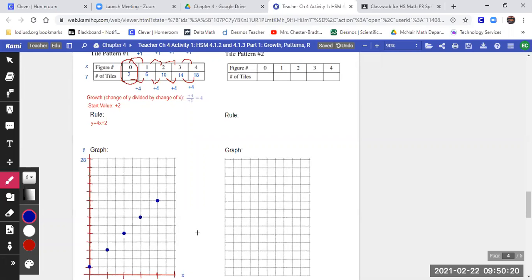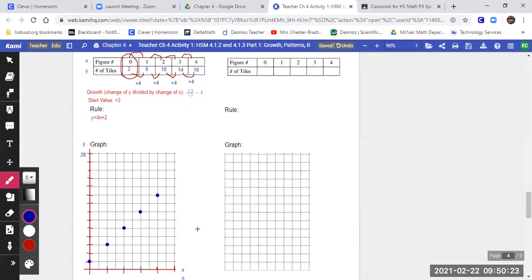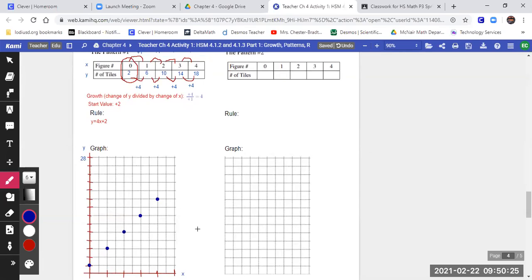Okay, are we going to connect these dots? Think about when we connect. Are we going to connect these with a line?